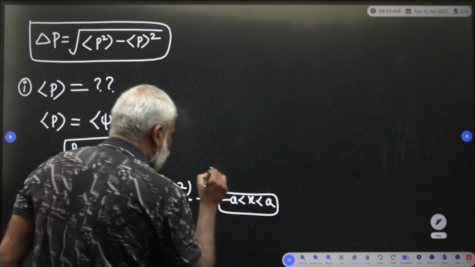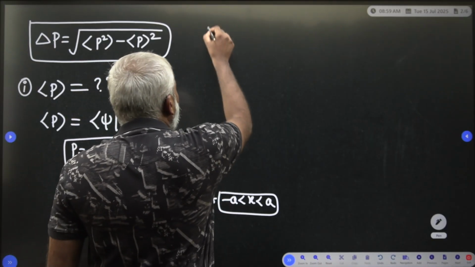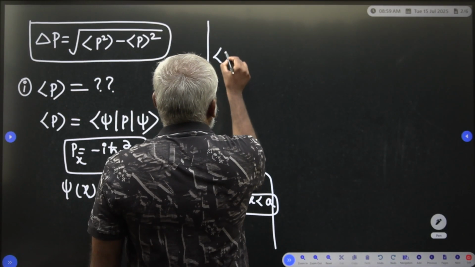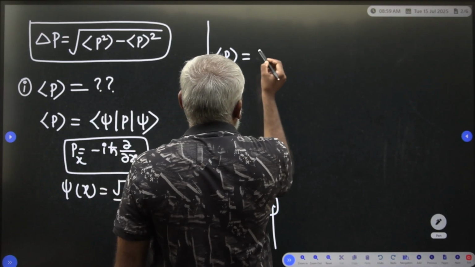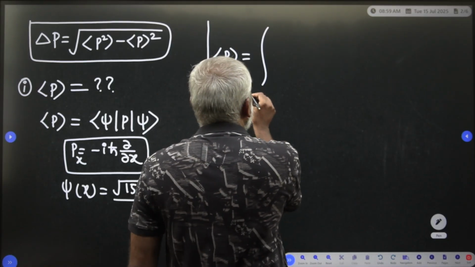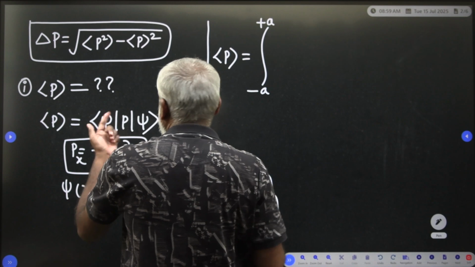This is our wave function. Now we need to calculate the expectation value. How do we calculate it? The expectation value of p is equal to an integral, with lower limit minus a and upper limit plus a.